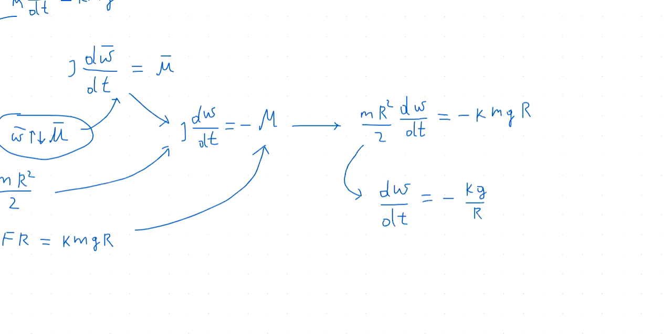Minus kg divided by r. Okay, and the next step is to find angular velocity omega from this equation. How can we do this?